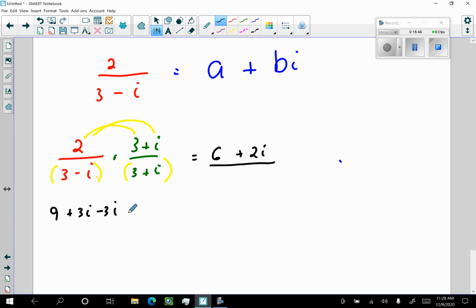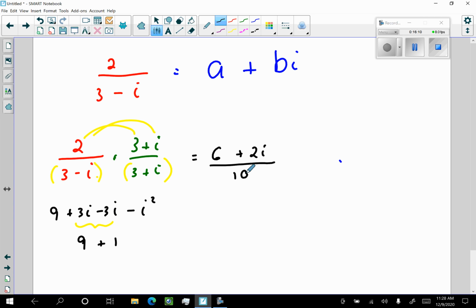So then I have negative i times positive i is negative i squared. Well, we know what i squared is. The first thing we need to realize is those guys cancel to 0. And what do I have on the bottom? I have 9. Negative 1 times negative 1 is plus 1. So the bottom becomes 10.